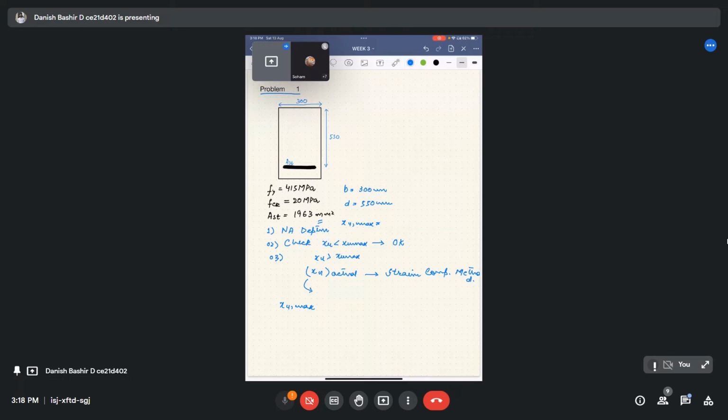XU max: there is a table given in the code. There it is given as XU max by effective depth d ratios, for different grades of steel.